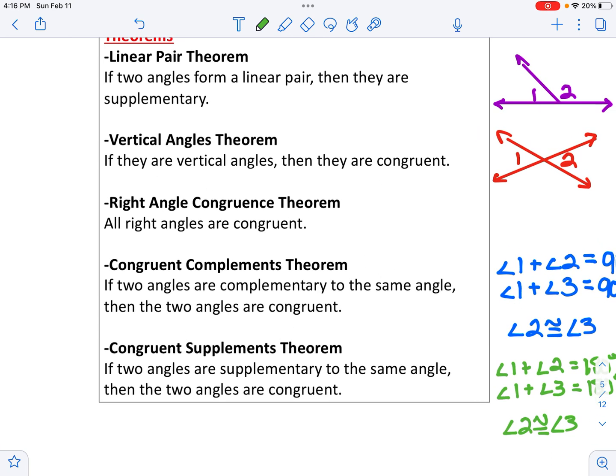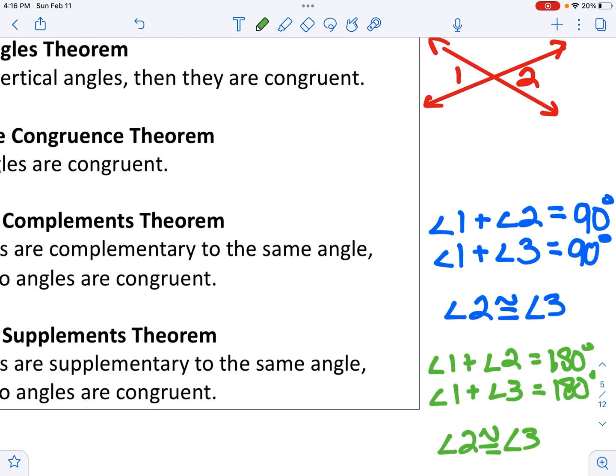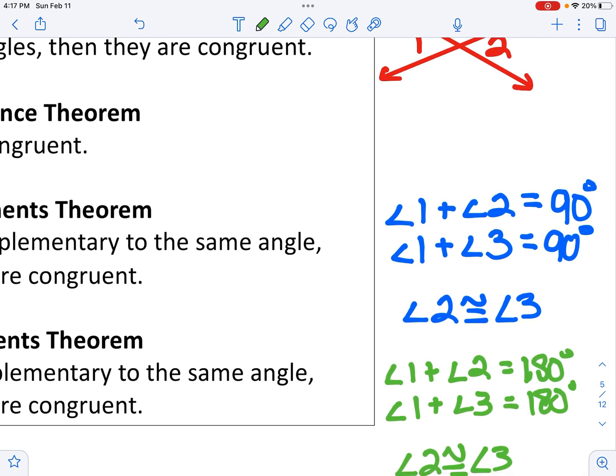Okay, and then these last two are new, but they should make some sense to you. The congruent complements theorem says if two angles are complementary to the same angle, then the two angles are congruent. So I just have here in blue, let's say we have two angles, 1 and 2, and they add up to 90 degrees. Okay. And then I have 1 and 3 also add up to 90 degrees. In order for this to be true, we know then that this statement here has to be true.